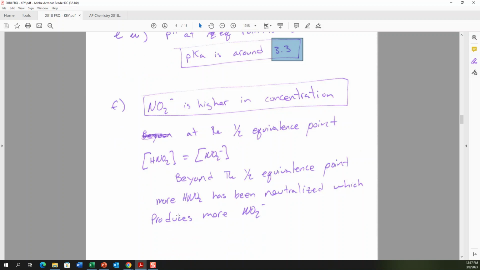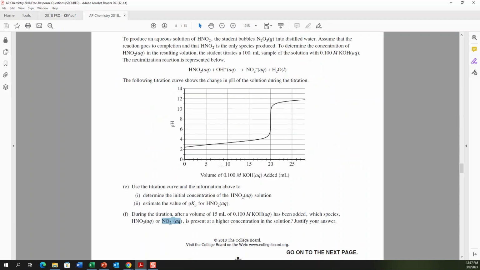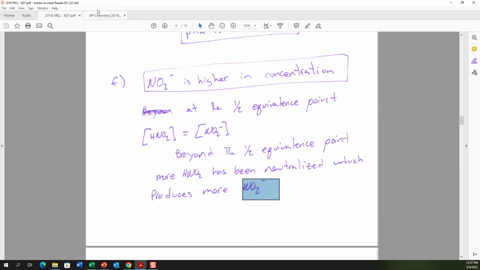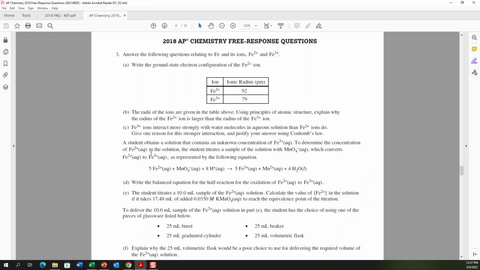Beyond the half equivalence point, more HNO2 has been neutralized, which produces more of the NO2 minus. Okay. So if they had asked the same question, but about the 5 milliliter mark, we would have more of the nitrous acid in solution and less of the nitrite. All right. So that was question 2.